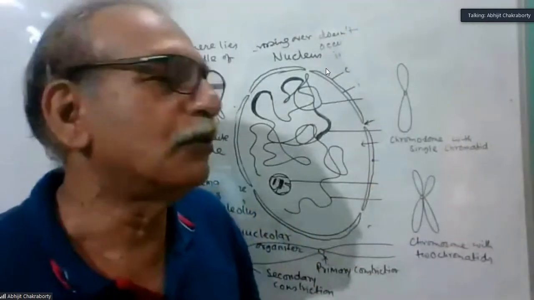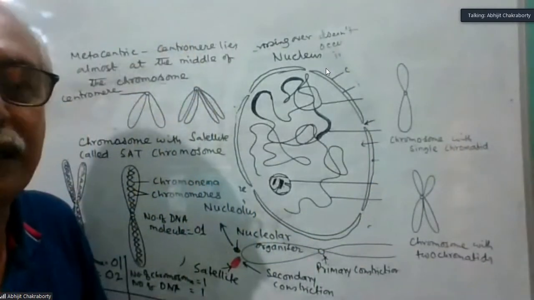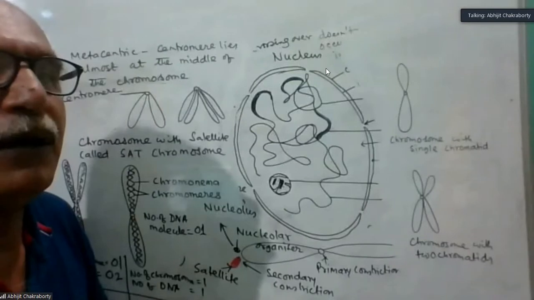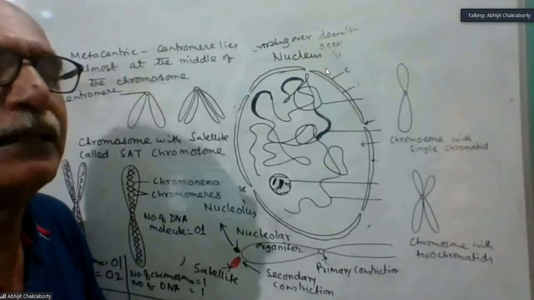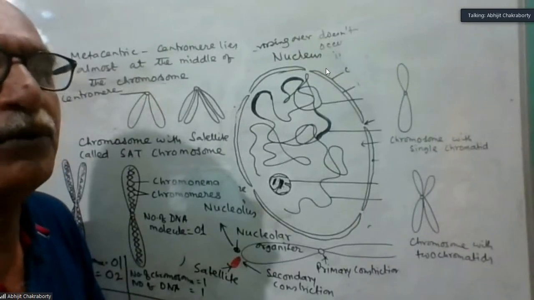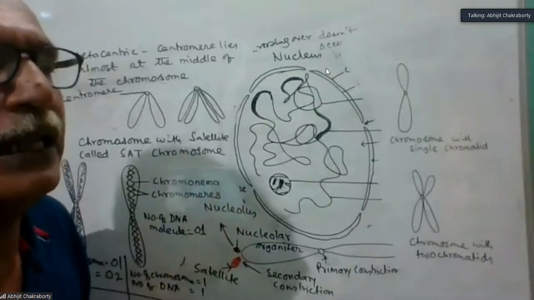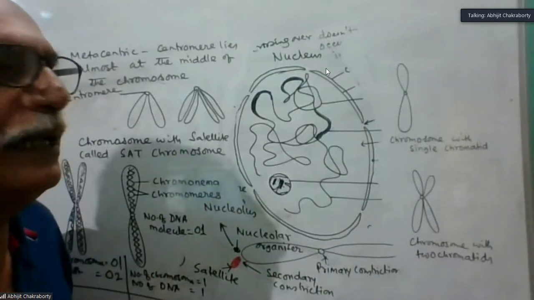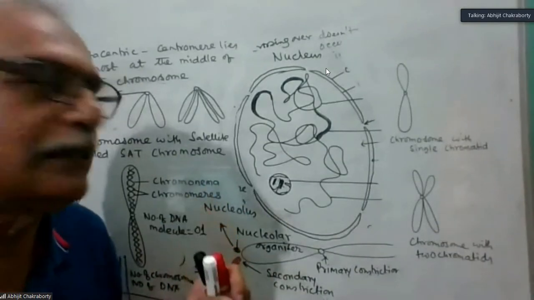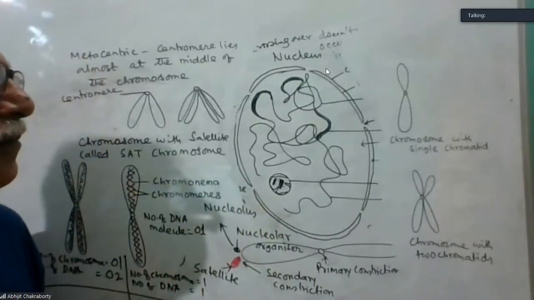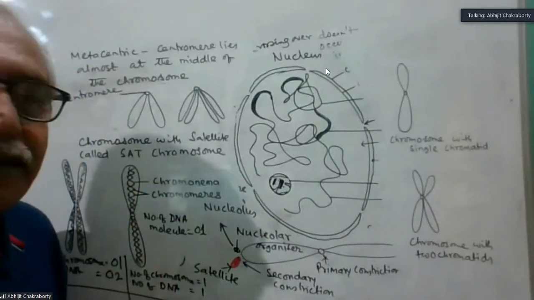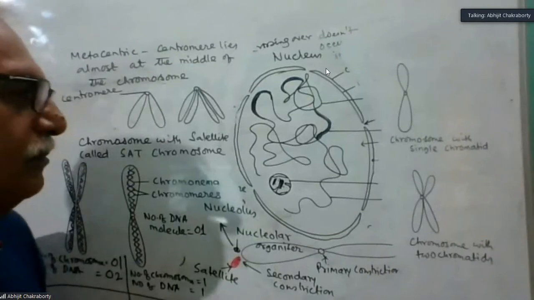In the telophase also, chromosomes are found to be with single chromatid. Later on, whenever S phase occurs, again from S phase onwards, chromosomes are found to be with two chromatids because in the S phase, replication of DNA occurs. Did you understand? Yes sir, understood. Clear? Yes sir. Very good.